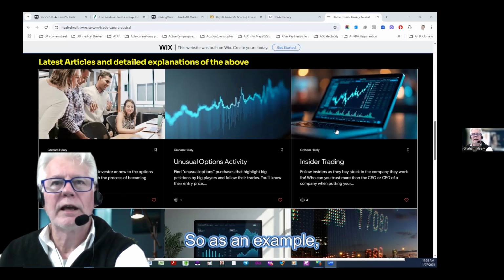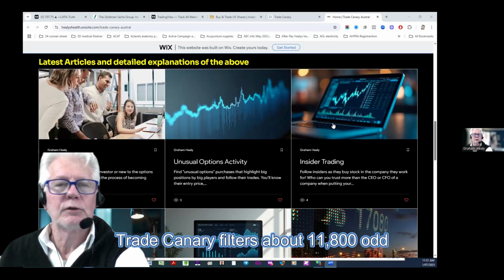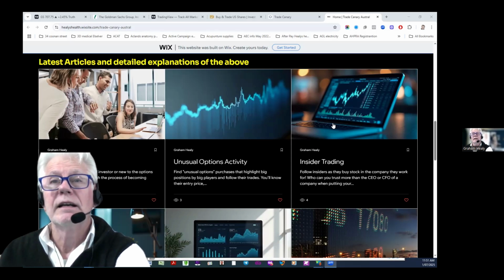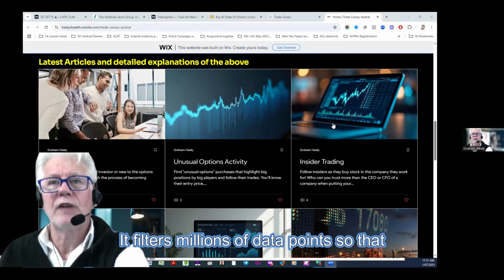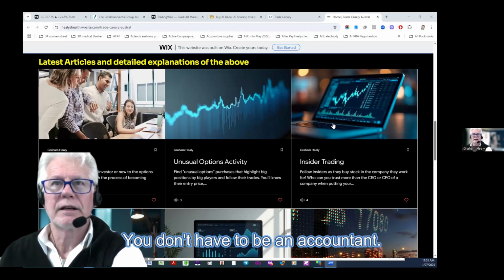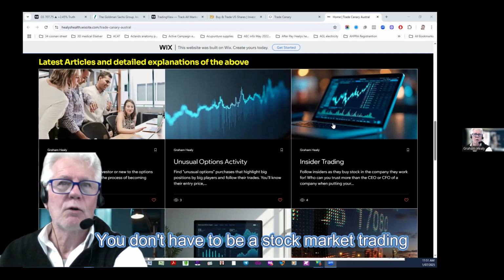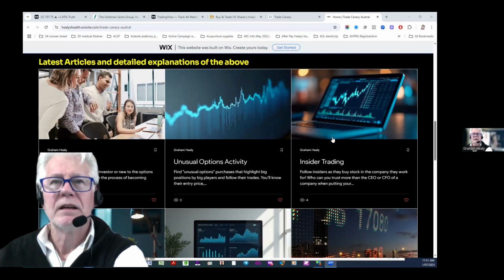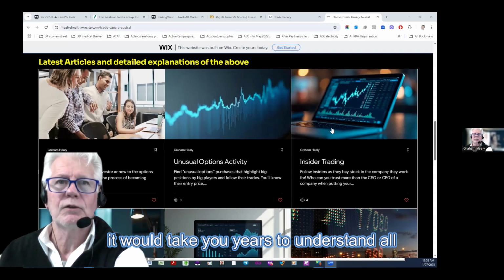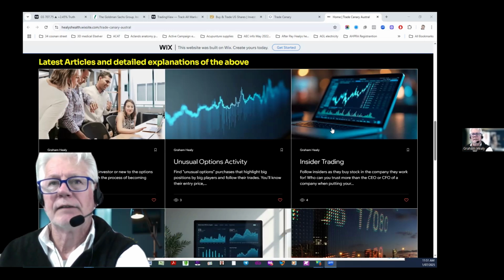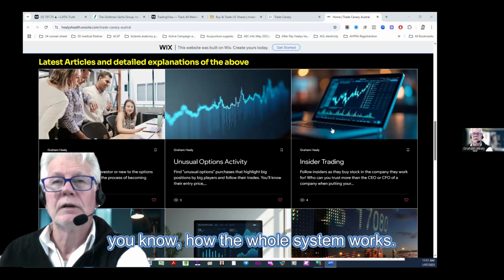As an example, Trade Canary filters about 11,800 odd companies on the New York Stock Exchange, and it filters millions of data points so that you get the bottom line. You don't have to be an accountant. You don't have to be a stock market trading expert. If you were to do this manually, it would take you years to understand all the strategies and how the whole system works.